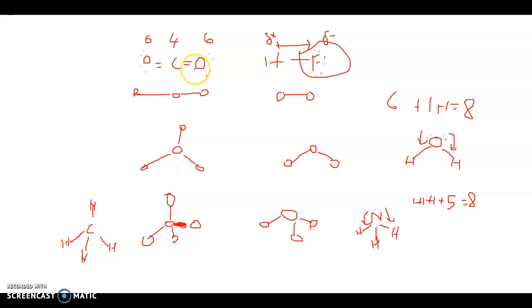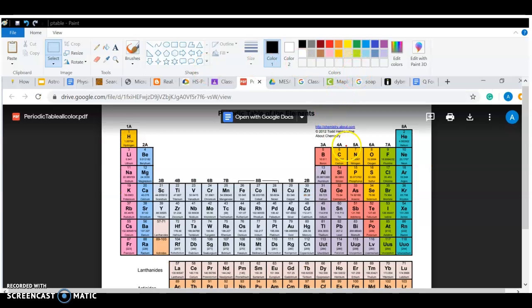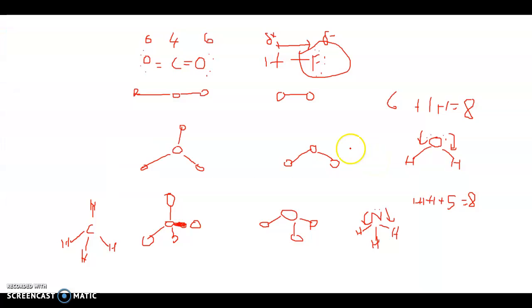Pretty cool. So go back here. There we go. So carbon, oxygen. Oxygen is more to the right. More electronegative atoms are over here. So this is my partial positive in the middle going here. Partial positive going this way.